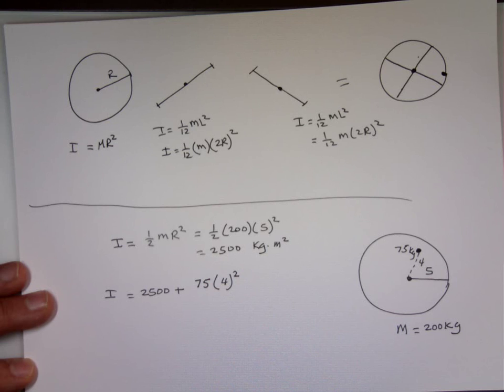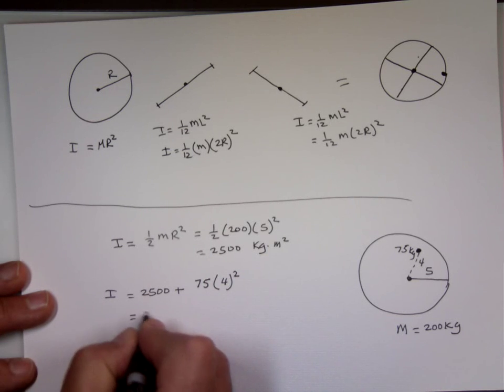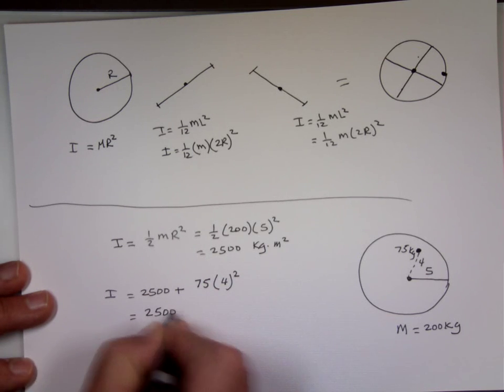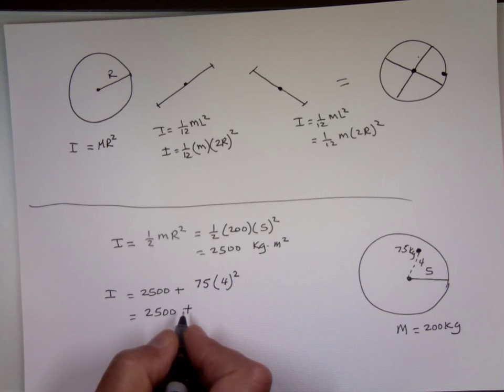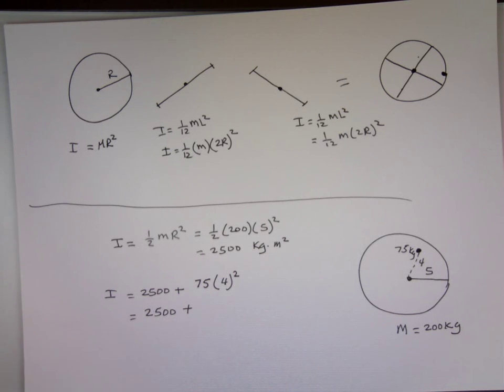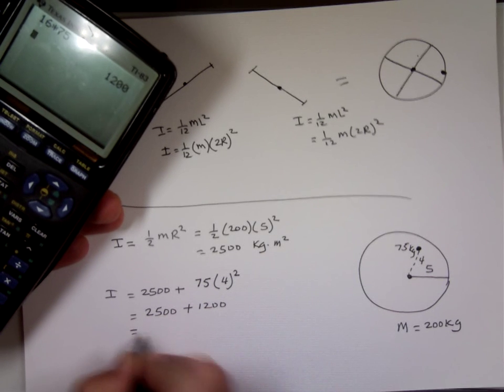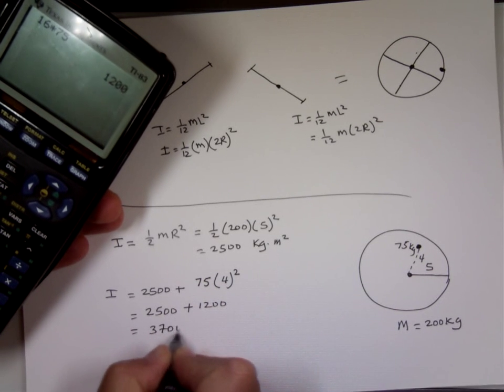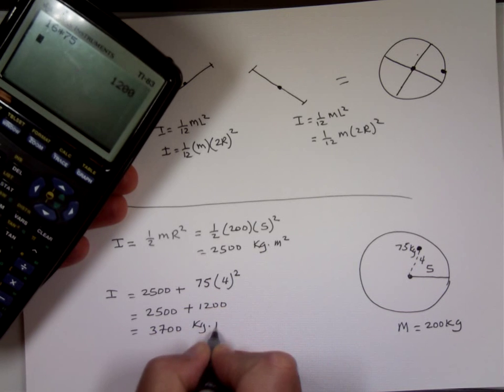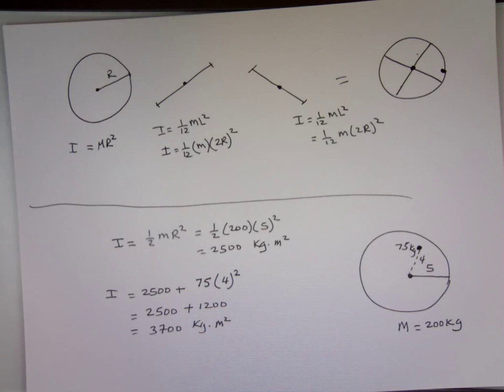So the inertia now is 2,500 plus 16 times 75, 1,200, is now 3,700 kilogram meter squared. The inertia changes.